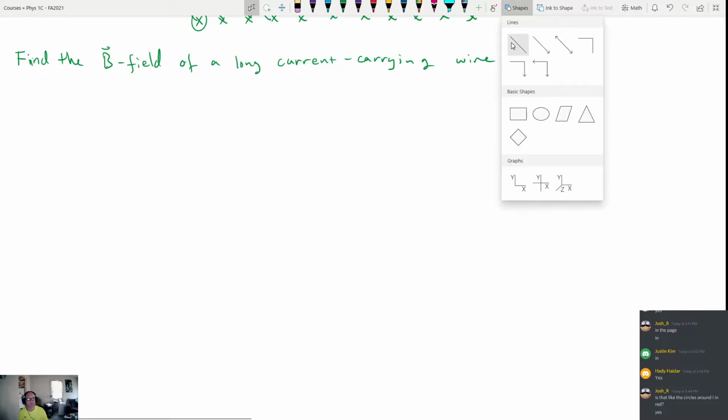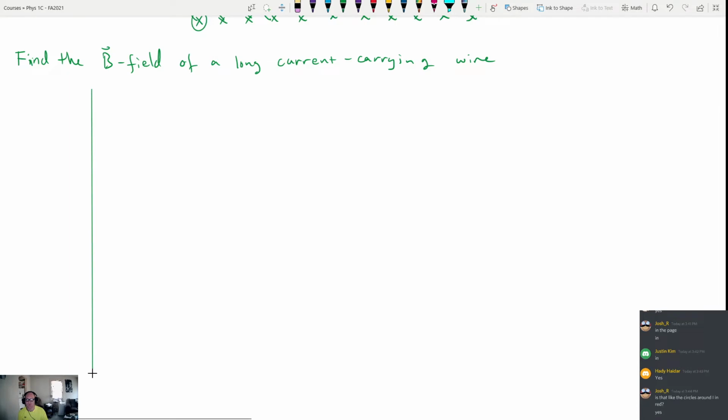So we're going to take a long line and say that it carries some current that we call I. I guess it doesn't matter which direction it goes. Let's say the current's flowing this way. And let's say that we know the length of the wire from this point to this point. I guess I can use the same numbers that your book uses. So the current is equal to 125 amps. That number is out of control large.